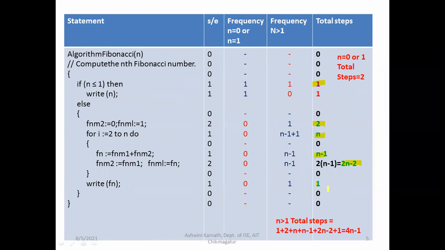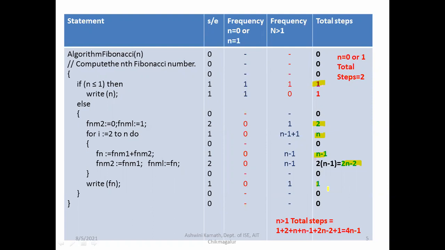You can check with this value. We are getting 4n minus 1. So when n is equal to 0, total number of steps is equal to 2. And when n is greater than 1, then the total number of steps is equal to 4n minus 1.